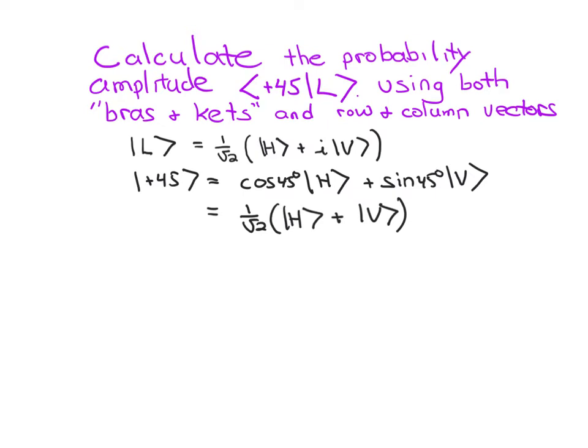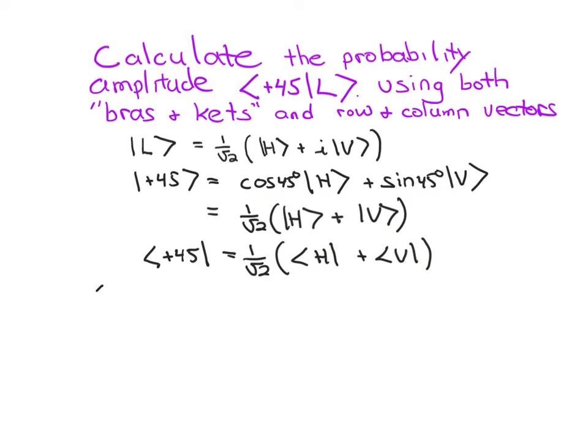And now when we want to write the bra, this is the ket, it's actually pretty straightforward in this case because there are no complex quantities, so I can just write the bra associated with the plus 45 degree state as 1 over the square root of 2 times the sum of the H bra and the V bra, like so.